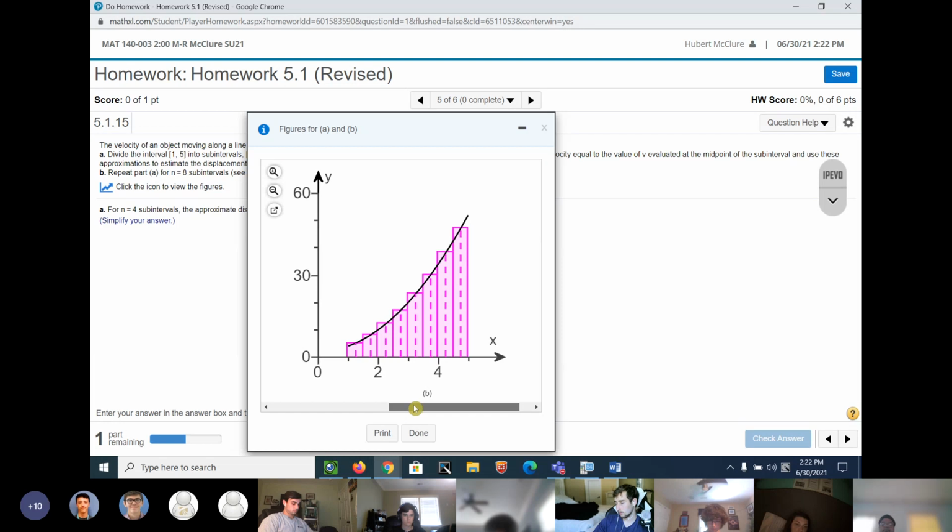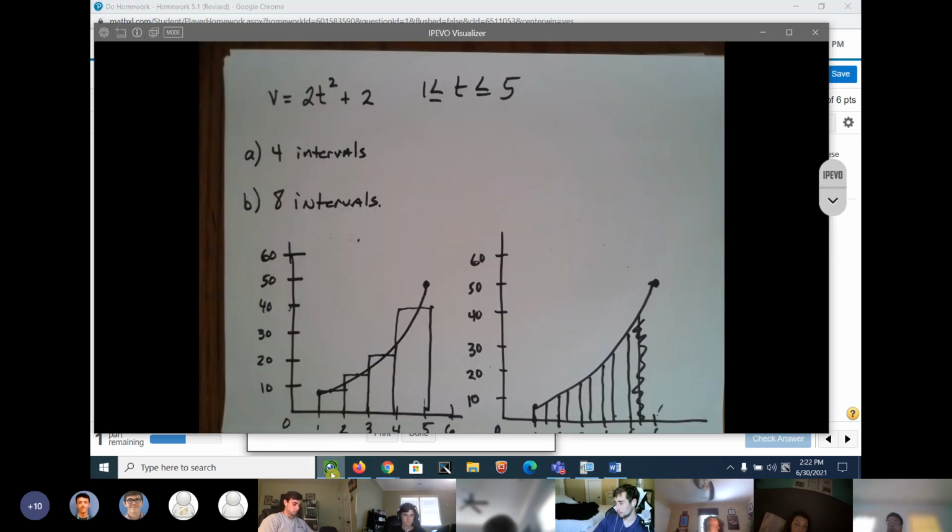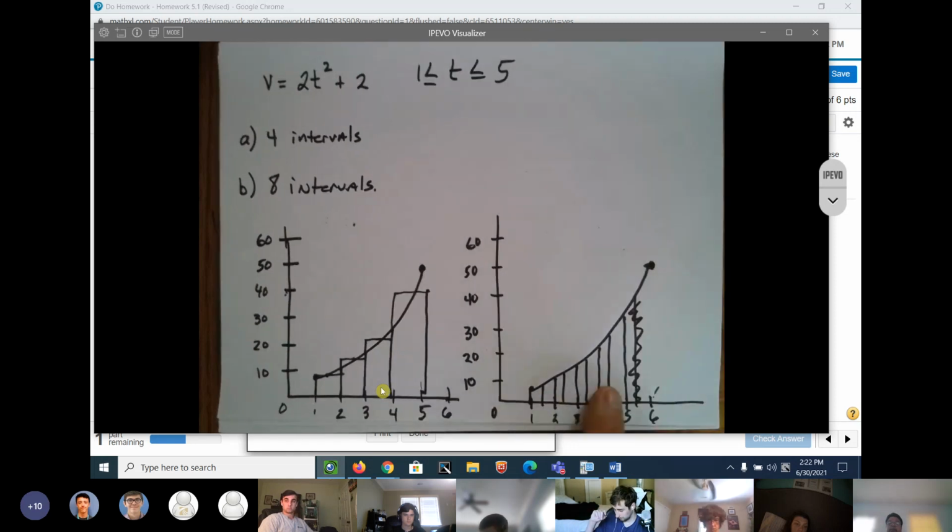Okay, there's my drawing. I kind of messed that one up on the right, but there's 8 of them right there. There's your 8. There's your 4.